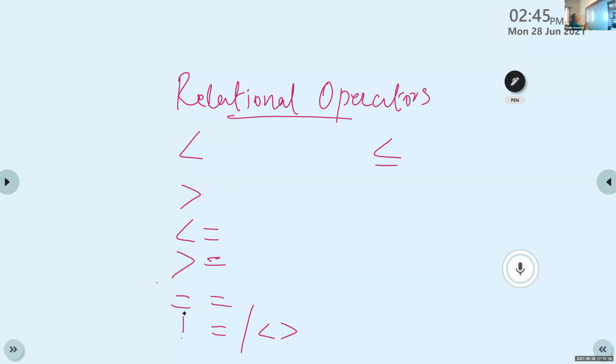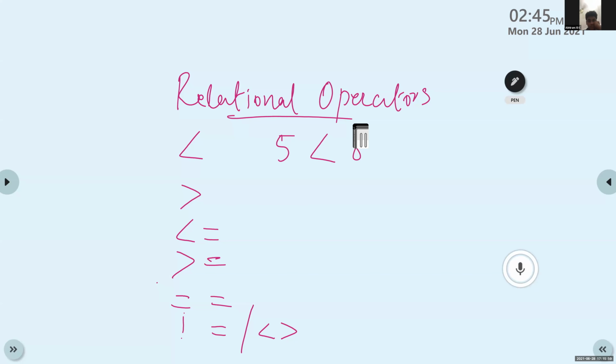Okay. So what is the use of relational operators? To see greater than or less than. It is for comparing two values or comparing two expressions. Okay, so we'll just compare 5 less than 8.